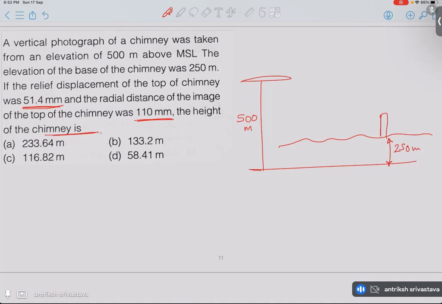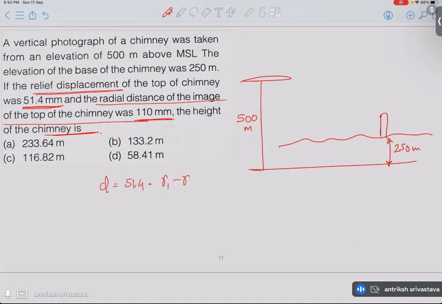So what are we given? We are given the relief displacement, that is D, 51.4. So if you remember from our formula, R1 minus R is given to us. And also they have given the radial distance of the image of the top of the chimney.